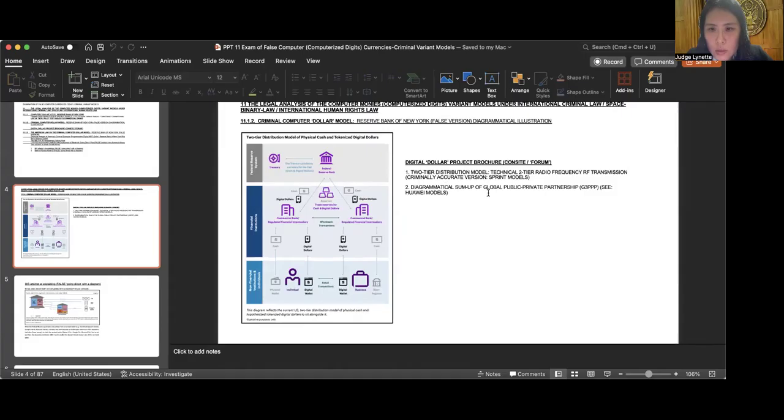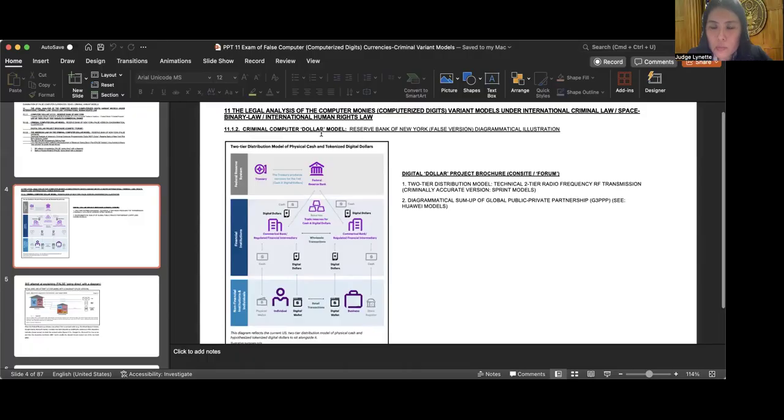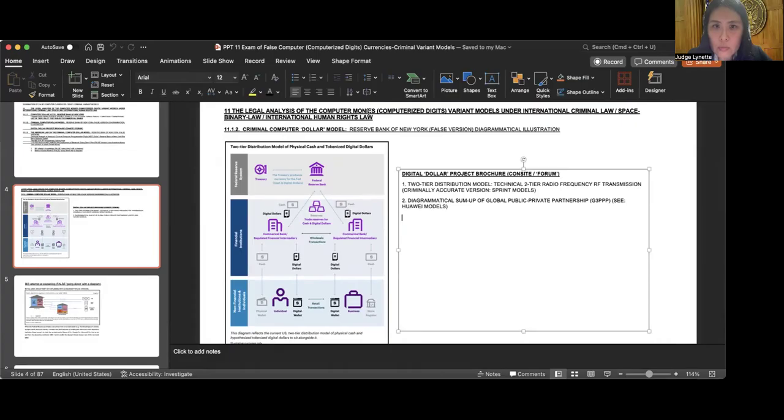And there is a diagrammatical sum up of global public-private partnership, or G3 PPP, mentioned in these computer variant models on computerized digits, or they call it digital, which really means computerized digits, programmable computerized digits, or computer monies.